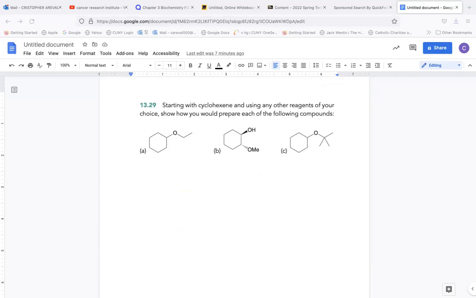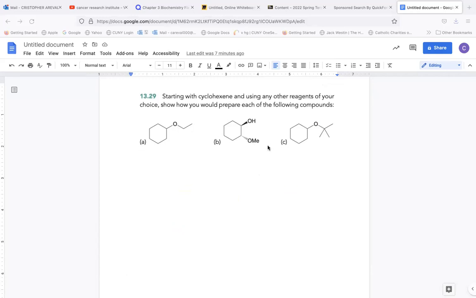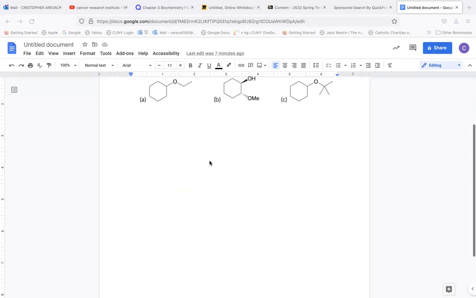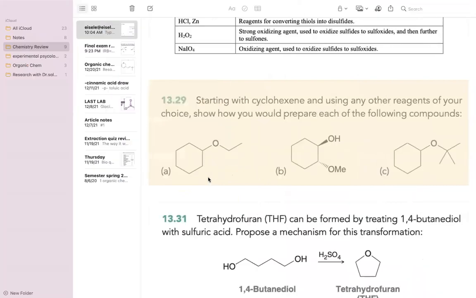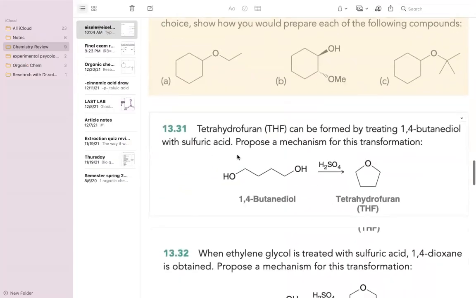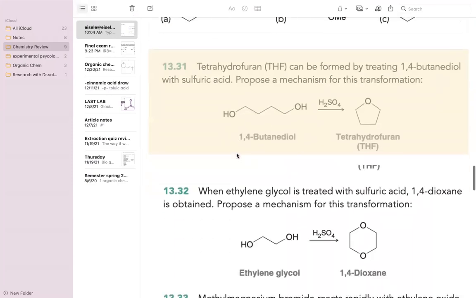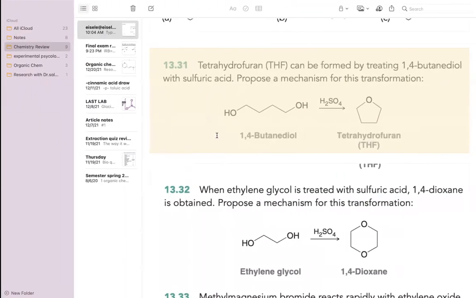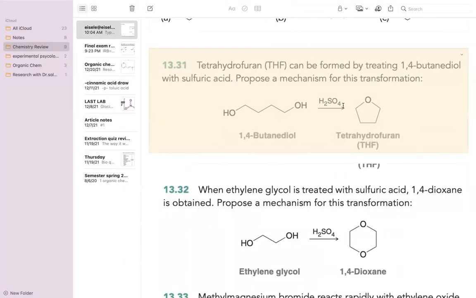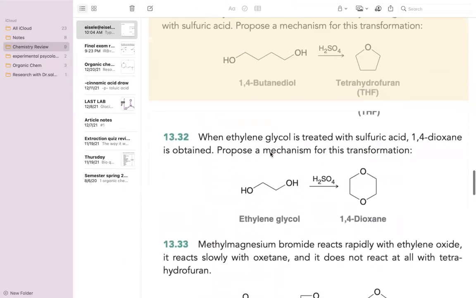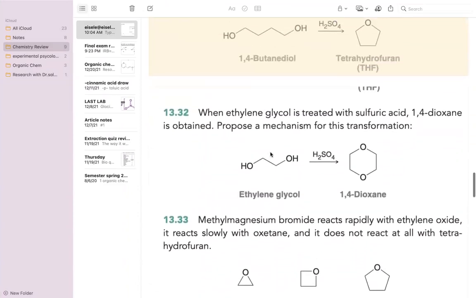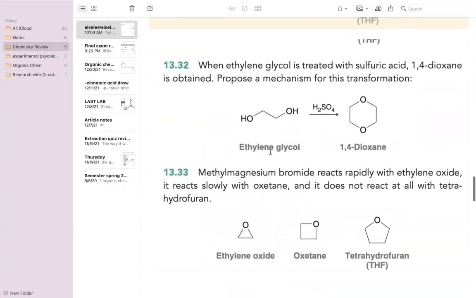B and C, same concept. I don't want to waste your time doing the same problem again. So B and C, practice for you guys. You could do it on your own. Okay, now it's the Williamson reaction, right? The one we did before. It's the same thing, but just intramolecular.